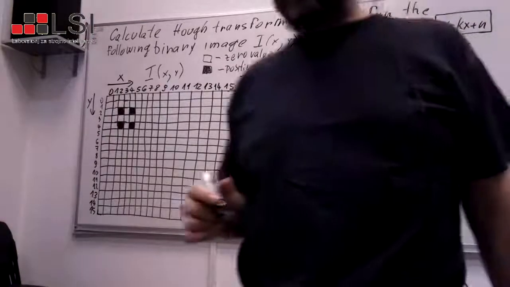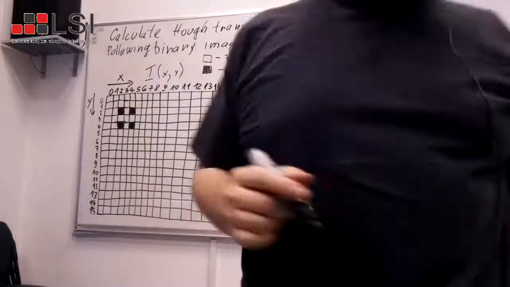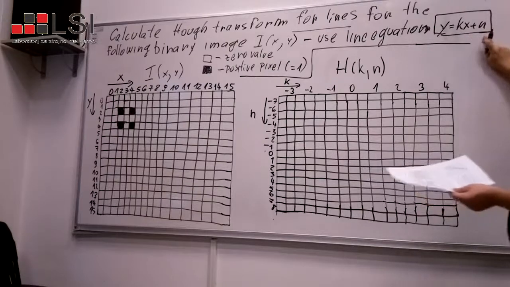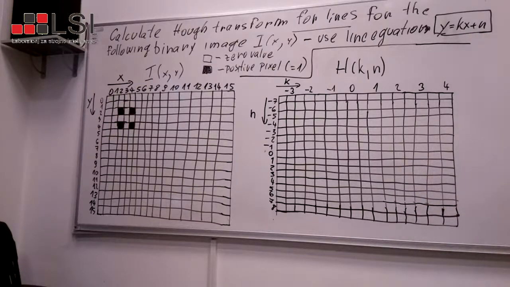So we could express either K or N, but it's more convenient to express N. You will see why, because then you don't need the division.